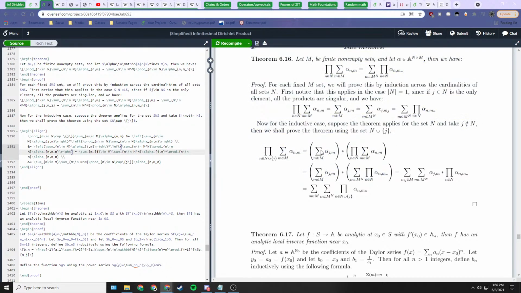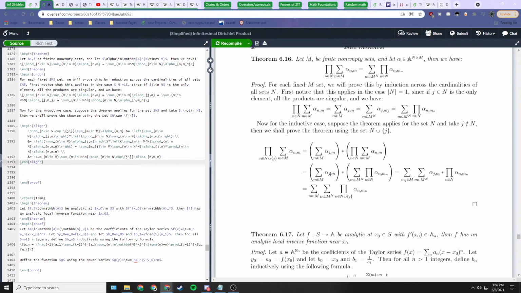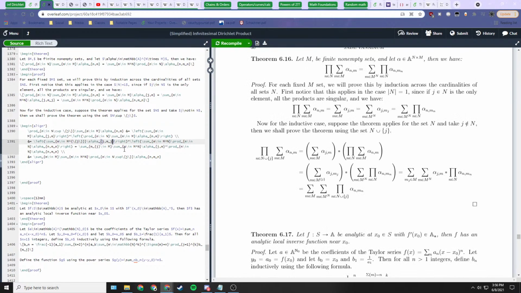We also want to work with this summation here, so we'll do a change of variables. Instead of m in capital M, we'll actually do m in M to the power of the set containing j, and instead of just m, we'll do m sub j. Right, like that. Okay, that's fine. And then we'll essentially just merge these. So we get the sum of m in M to the power of the set containing j, sum m in M, and then we have alpha j m sub j.